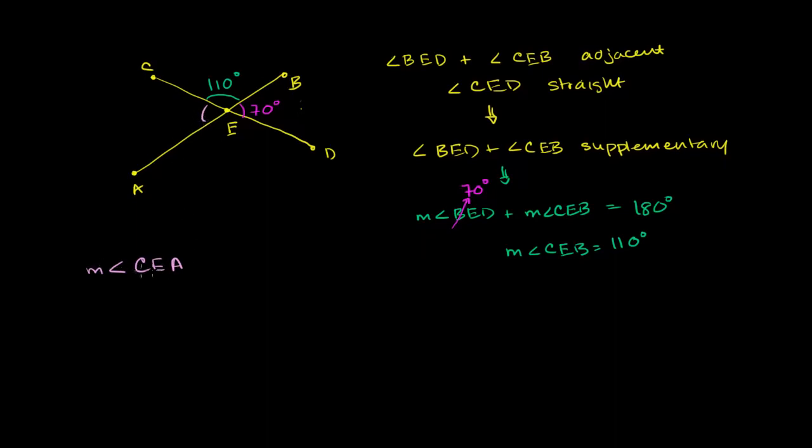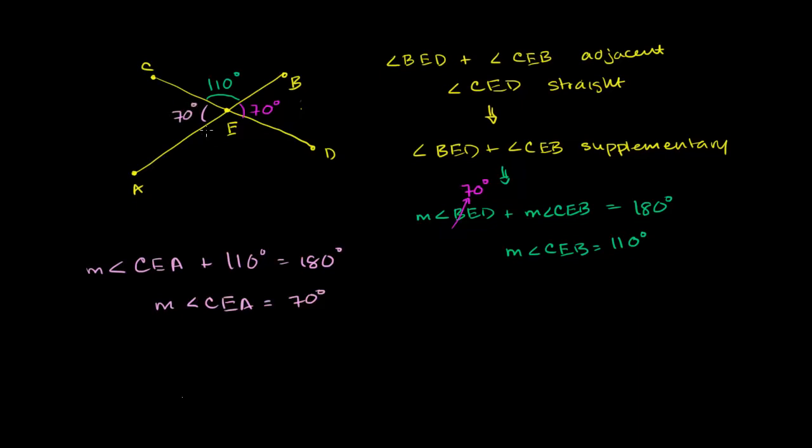So the measure of angle CEA plus the measure of angle CEB, which is 110 degrees, must be equal to 180 degrees. Once again, subtract 110 from both sides. You get the measure of angle CEA is equal to 70 degrees. So this one right over here is also 70 degrees.